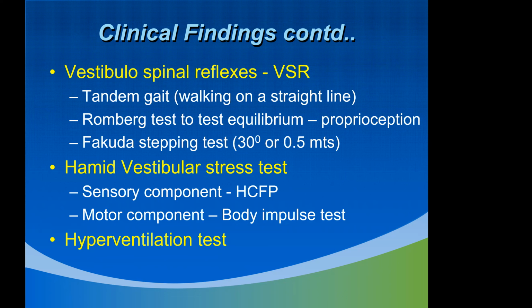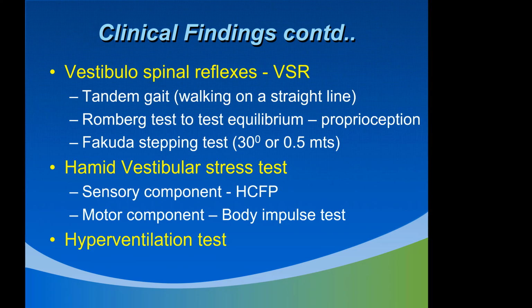Romberg's test: ask the patient to stand erect without any support, both feet together, with the hands on the side. Wait for 15 seconds. Then hands will come outstretched to the front. He will be looking forward. Then you see whether he is unstable. If he is unstable with eyes open, there is no reason to make him close the eyes.